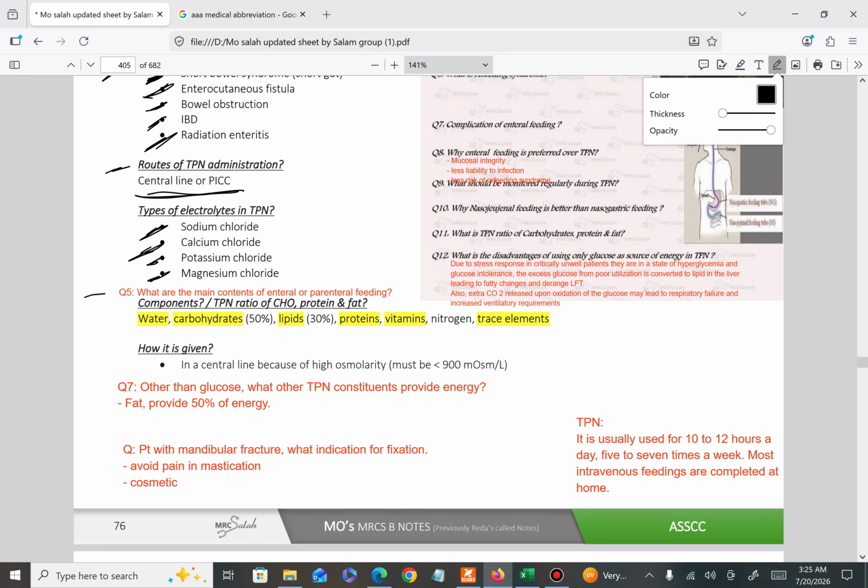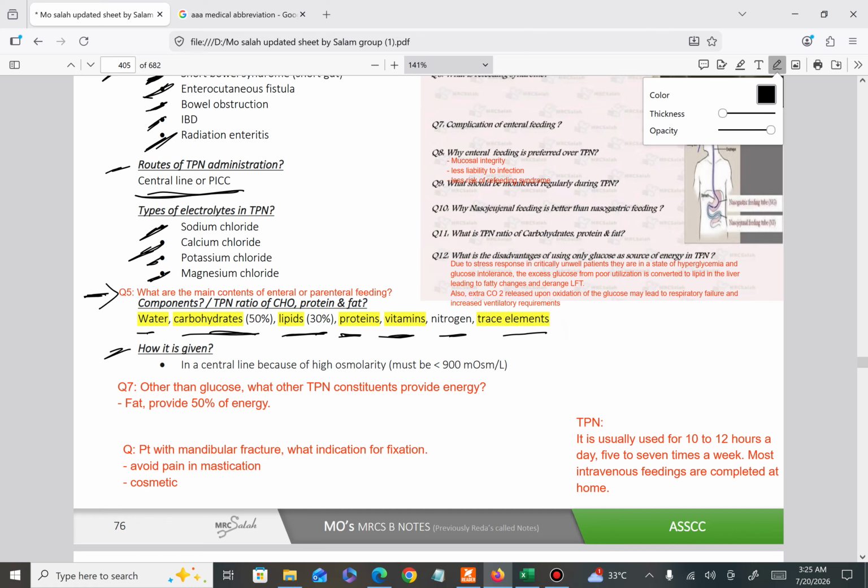What are the main contents of the enteral or parenteral feeding? The components include water, carbohydrate 50%, lipids 30%, proteins, vitamins, nitrogen, and trace elements. So these are the main contents of the enteral or parenteral feeding. How is it given?